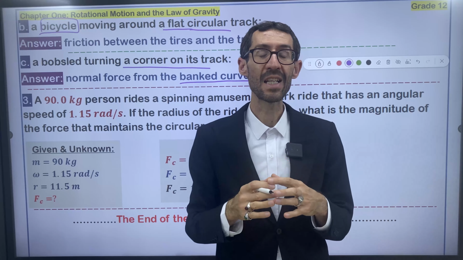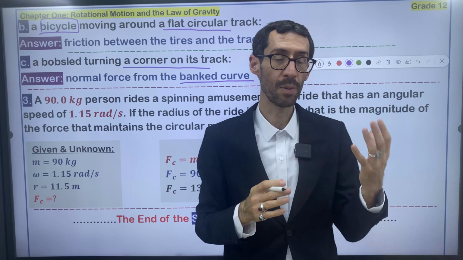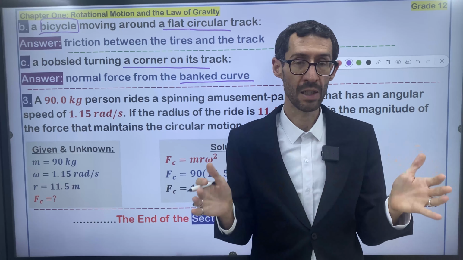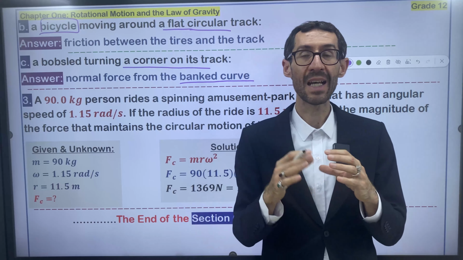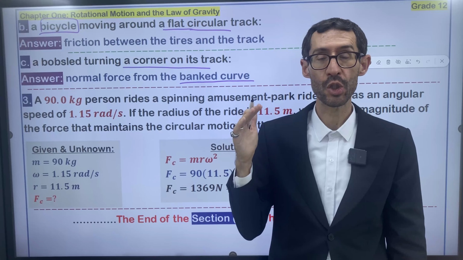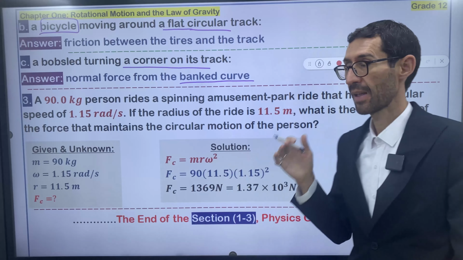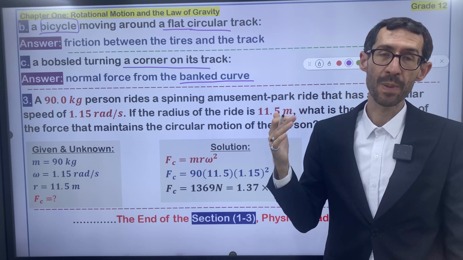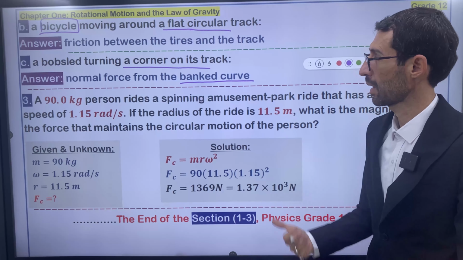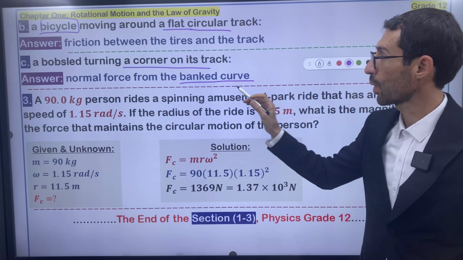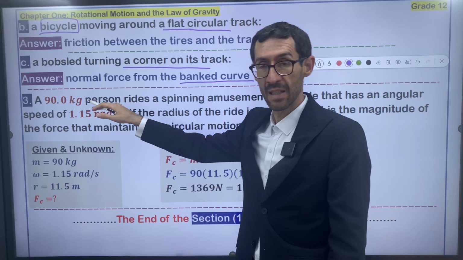But in the case of flat track, I told you it means normal track, ordinary track. It doesn't have any sharp turn. That's why in the case of flat circular track, we have only friction, and friction is responsible for centripetal force.